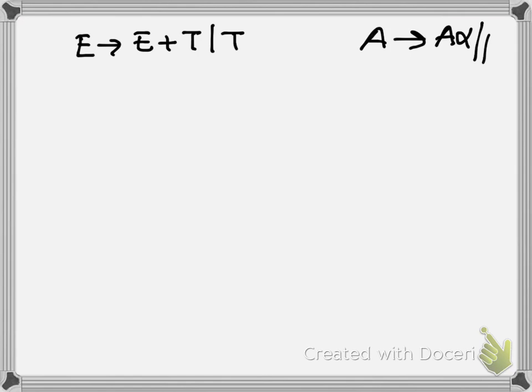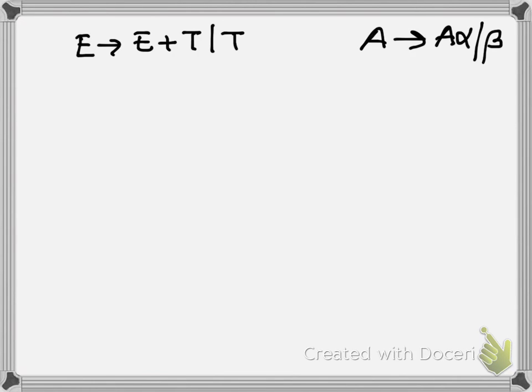So let's take one example. The same grammar that we had: E derives E plus T or T. Our grammar should be of the form A derives A alpha or beta. Now which is A, which is alpha, which is beta?